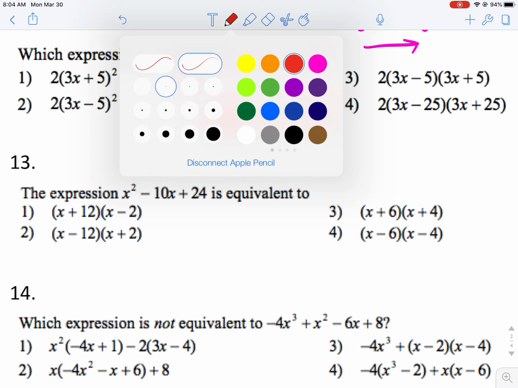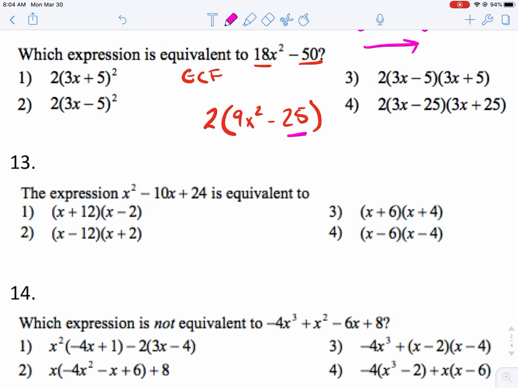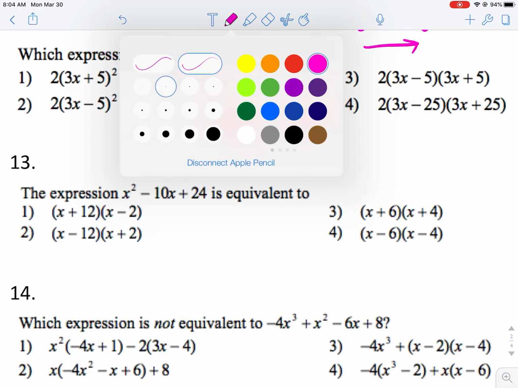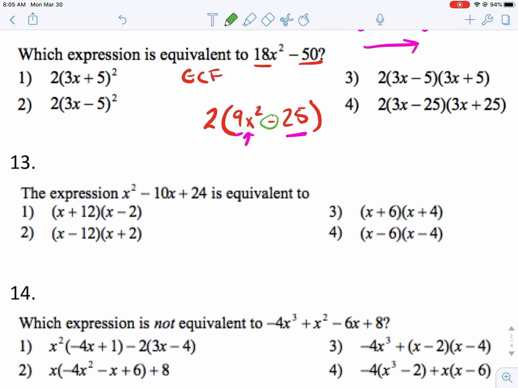Now, if you haven't recognized it yet, let's take a look at some of these numbers here. So this is some number squared. 9 is some number squared, and then we don't know what this number is, but it's being raised to the second power, so this is some number squared. And if you notice in between, we have a subtraction sign. So what this means is we have a difference of 2 squares problem.